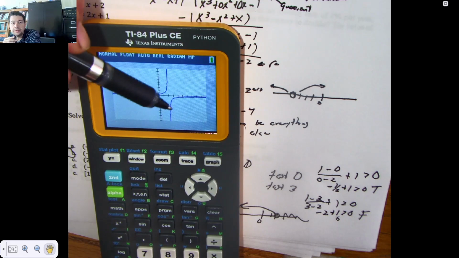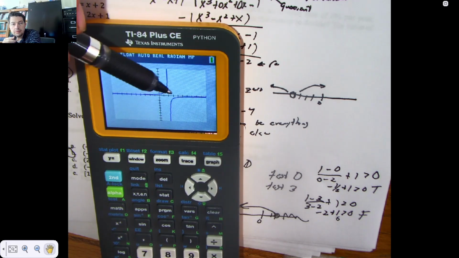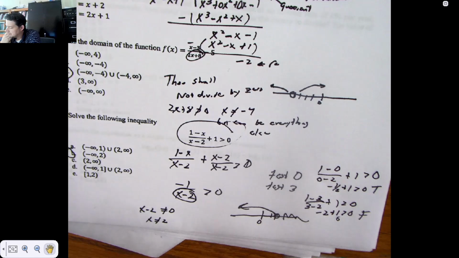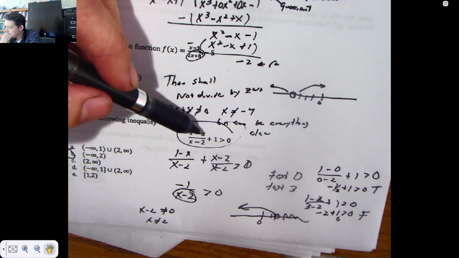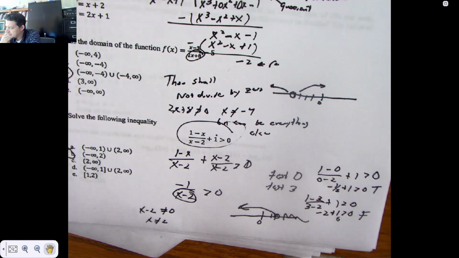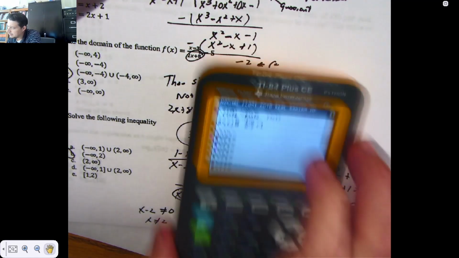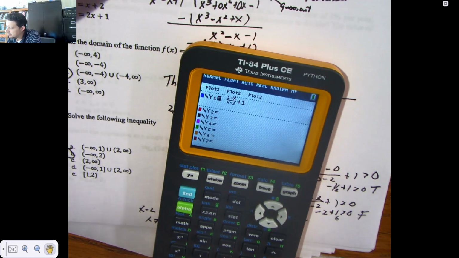When you're bigger than 2, well, this is just quite the conundrum. Let me check my math on the 3. Negative 2. Oh, that's false. Well, fudge dudge. What's going on here?